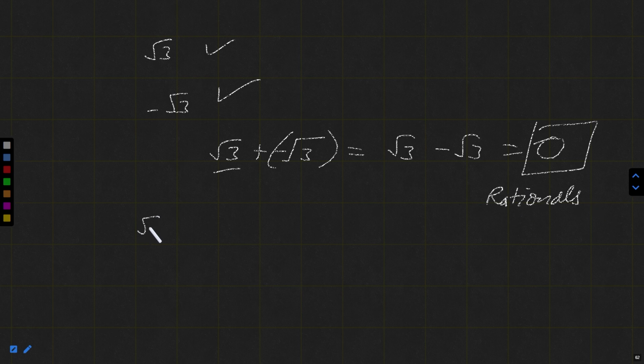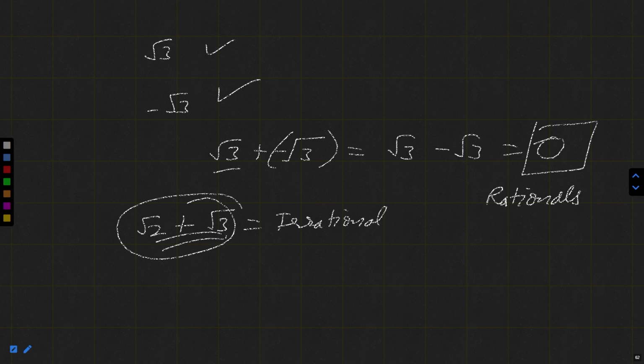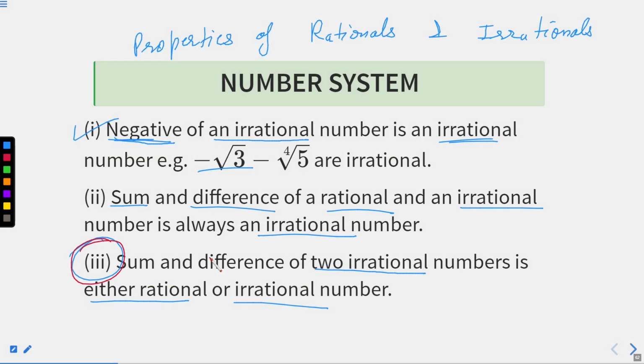And if we take root 2 plus root 3, which is some irrational number, it is also an irrational number. We will prove it. Okay, clear? So you saw two irrational numbers, their sum and difference can be either rational or irrational. Always remember this point.